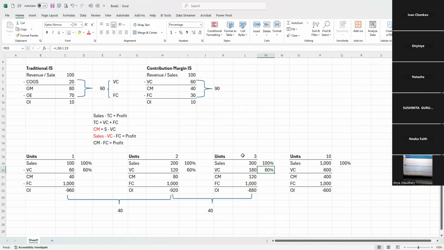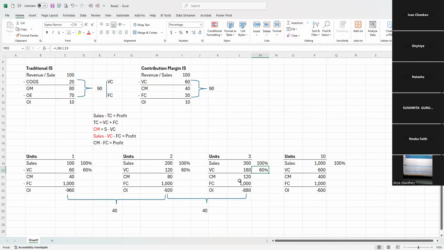The only thing that we're changing is the number of units. Since the sales and the variable cost increase in the same pattern, the percentage is always going to be the same. Make sense? So we can conclude that the percentage of the variable cost doesn't change.